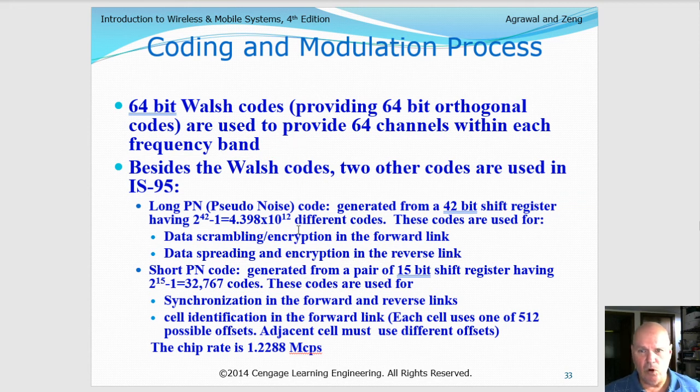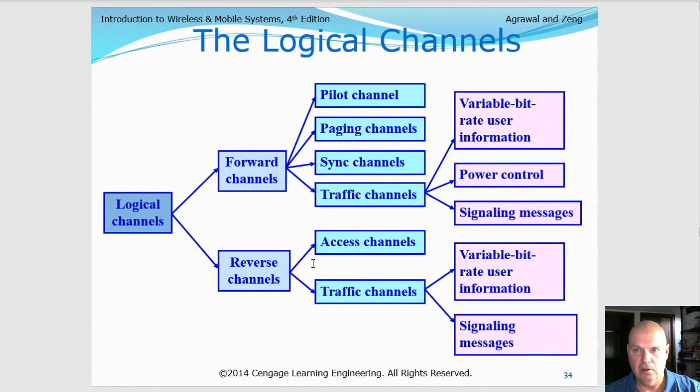And so knowing the Walsh code is not enough. You actually have to also know the pseudo noise code that's associated with a particular phone in order to descramble the data. Okay. So here are some of the logical channels that are provided in CDMA1.